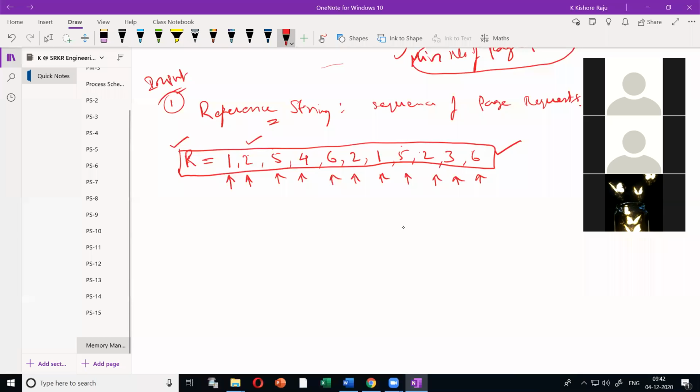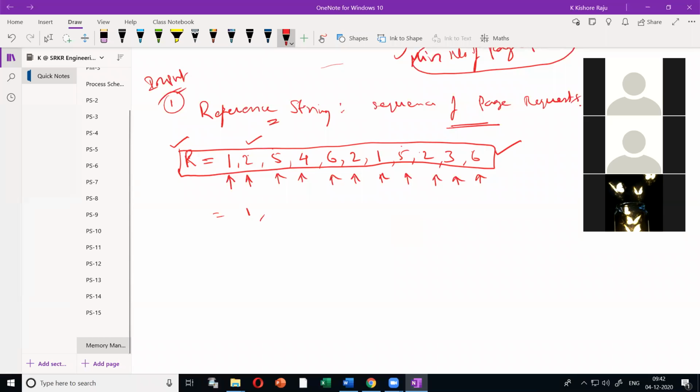So reference string means sequence of page requests. For example, 1, 2, 5, 4, 6, 2, 1, 5, 2, 3, 6. Randomly I chose these requests. So this is an exact sequence of page requests.